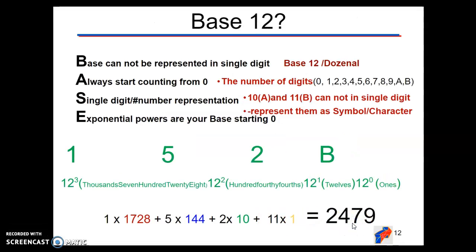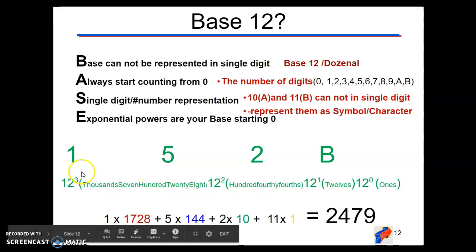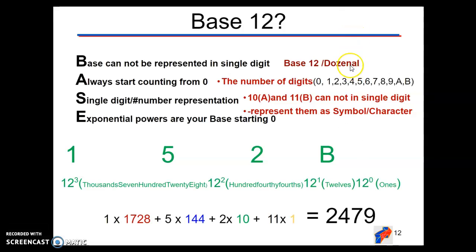So if I have base 12, let's just assume I have a number 152B and I want to convert this number to a decimal number. What should I do? This is a dozenal number. So always start counting from 0, numbers 0 to 9.